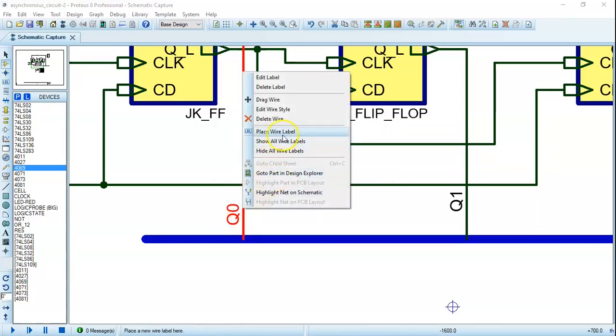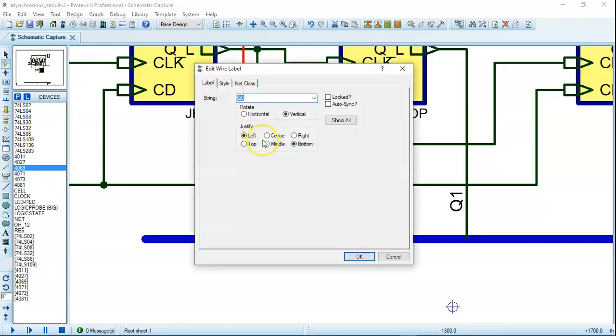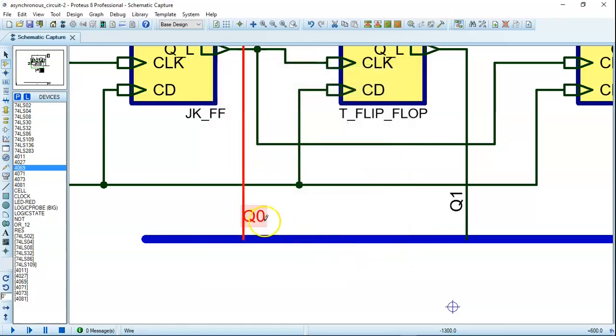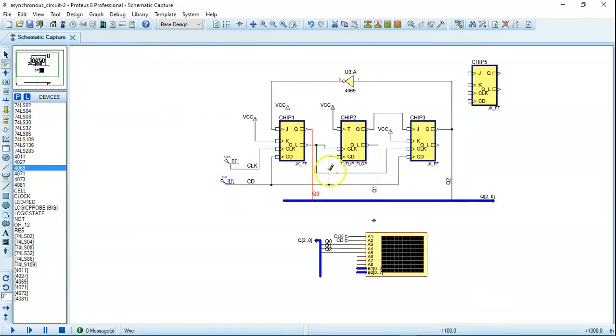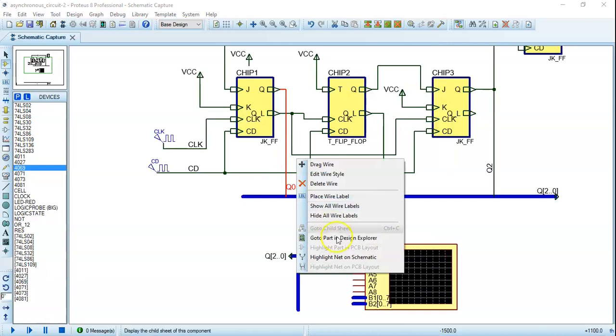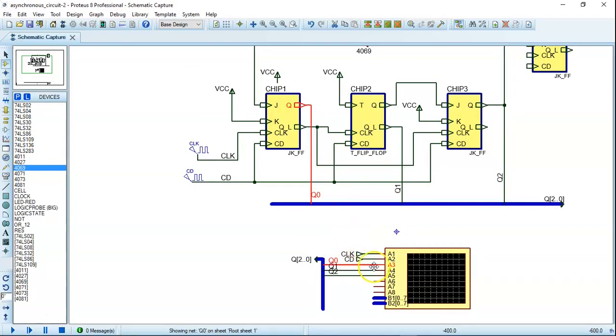This is vertical, so you can edit the label, so horizontal as a rotation like this, you know. The most important thing is that the system recognizes that this is the same wire, you see. So that's the circuit.